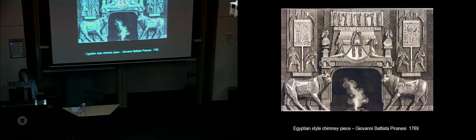Also, even earlier, 1769, we have this extraordinary chimney piece designed in the Egyptian style by Piranesi. And really, it's an amalgam of styles which was just really over the top. They didn't really know what the hieroglyphs were. They were just copying them and putting them all together as a form of exoticism.